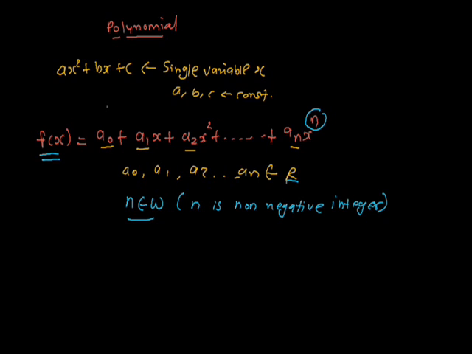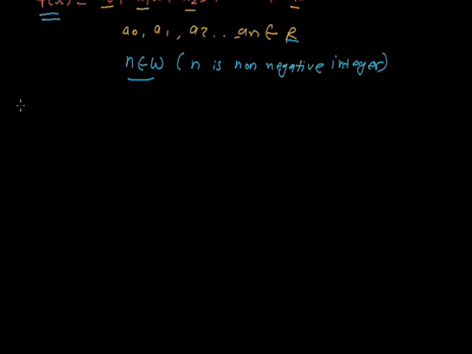Now, how will we identify any polynomial? Let us see identification. Suppose we have one example, x square plus 3x minus 5. First we apply the definition of polynomial, meaning it contains constants which belong to real numbers. The coefficient of x square is 1, the coefficient of x is 3, and the constant is minus 5.